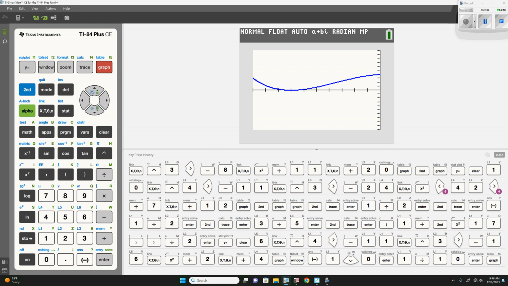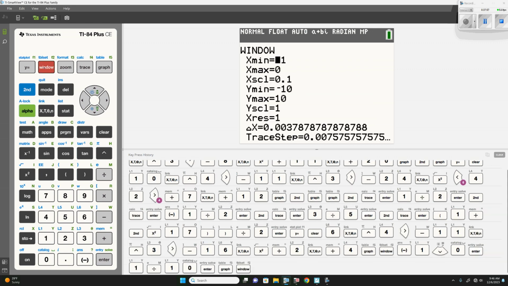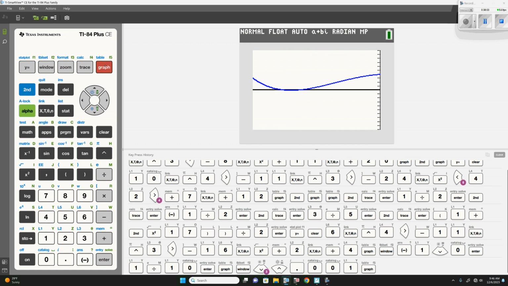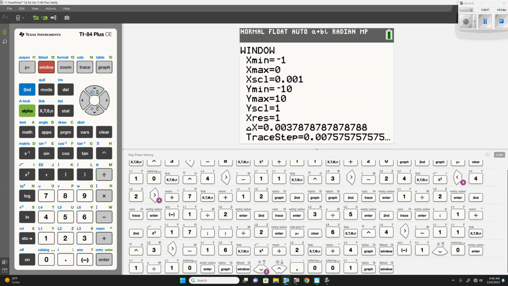So now that we got it zoomed in, we can see that it does slightly come down below and then go back up. So it does. Let's see here, 0.001. Yep. Window, I'll zoom 6.